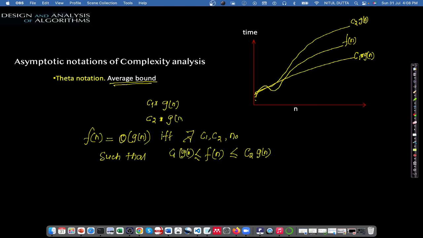So in that case, g(n) is said to be the average time bound for the algorithm.